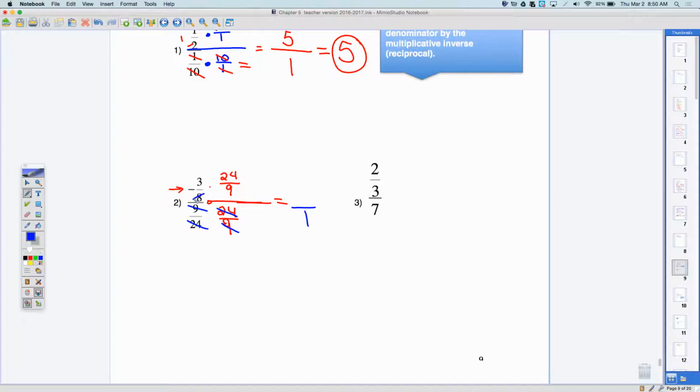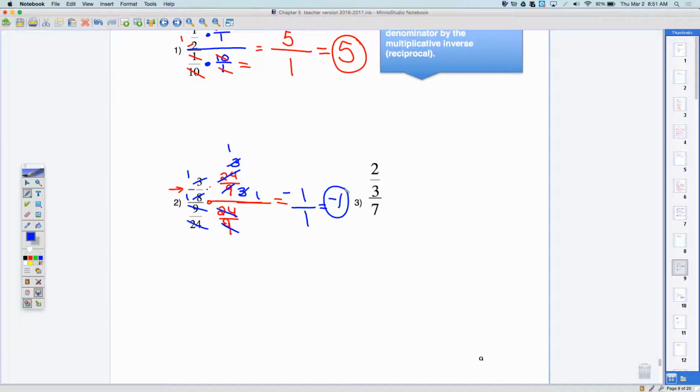In your numerator, you can cross-cancel the 8 with the 24. 8 becomes a 1, 24 becomes a 3. You can cross-cancel the 3 and the 9. The 3 becomes a 1, the 9 becomes a 3. We can also simplify going up and down. The 3 with the 3, that's reducing, and we're left with 1. Don't forget your negative, so it's -1 over 1, or just -1.